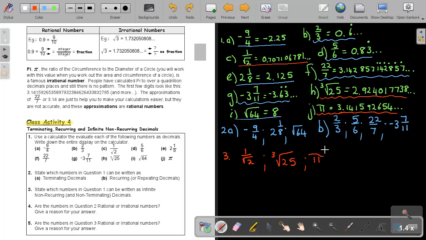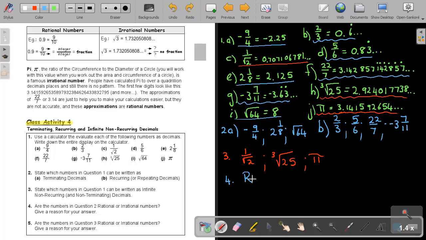Okay. And now, are the numbers in question 2 rational or irrational numbers? Now look at the blue. If you look there, let's just write it as number 4. Now, if you see, it's a fraction, a fraction, a fraction. All of them are fractions, and even this is 8, which can be written as 8/1.